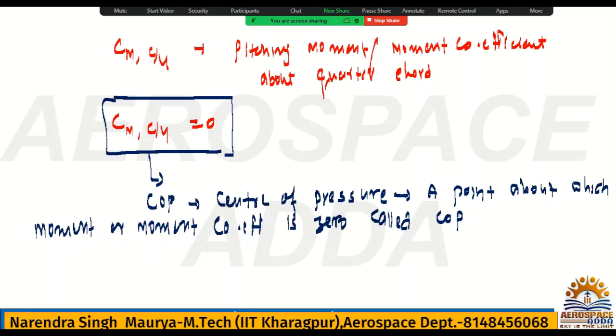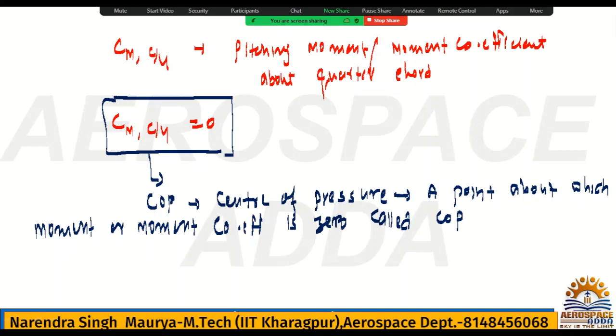Okay, for symmetric airfoil, or you can say thin airfoil, that moment, or moment coefficient, will be 0. So moment about the quarter chord will be 0 for all values of alpha. It is not going to depend on alpha, because there is no alpha term for this.